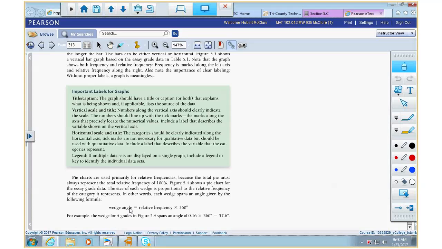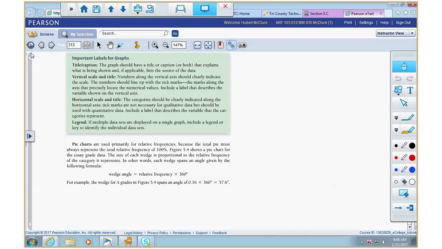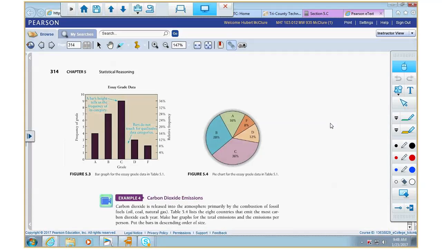If you're talking about a widget company, then you're talking about how many widgets are being put out, so many dollars per widget. So you're talking about cost versus revenue versus whatever. Okay, so pie charts are used a lot. And it's kind of hard to mess up a pie chart. It's kind of hard to make a pie chart biased.